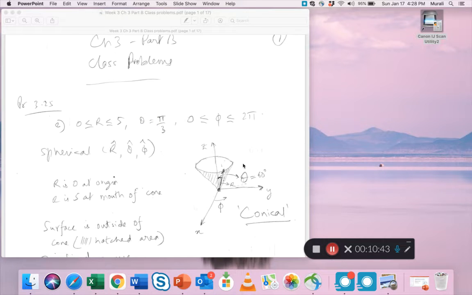Based on the fact that theta is a constant, pi by 3, which is 180 by 3 or 60, that means this angle is a constant. That is only possible if it's a cone in the spherical system. The cone has a bottom and it has this opening or mouth on the top. So theta is 60 degrees.